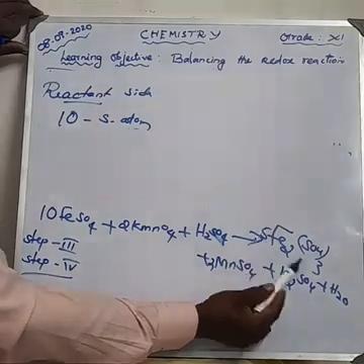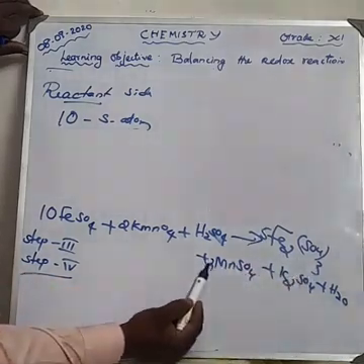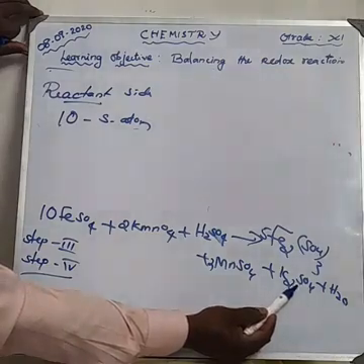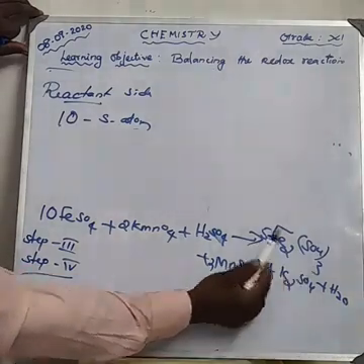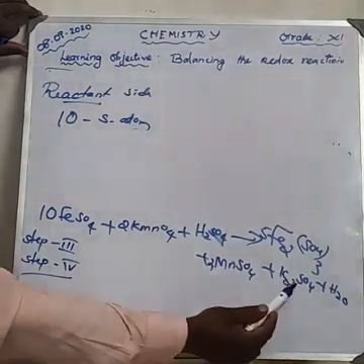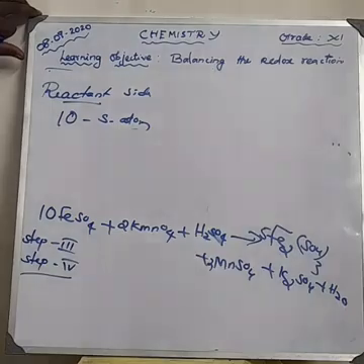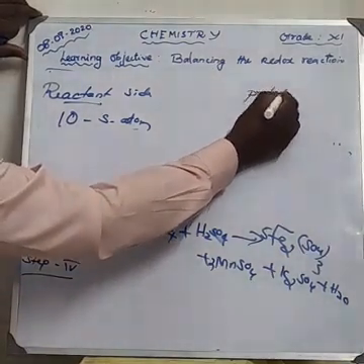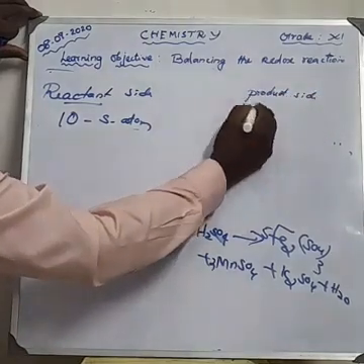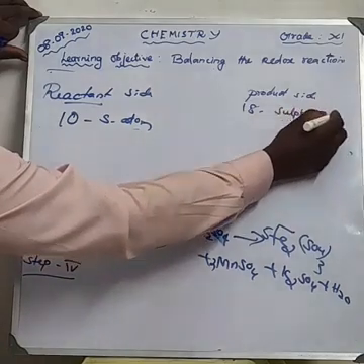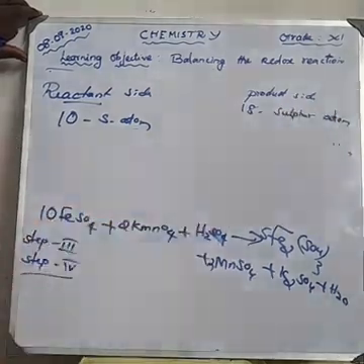Am I right? 15 plus 2, 17. 17 plus 1, 18. So the product side has 18 sulfur.